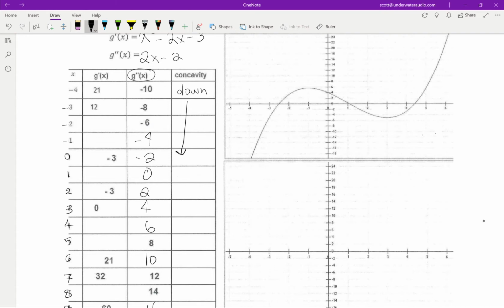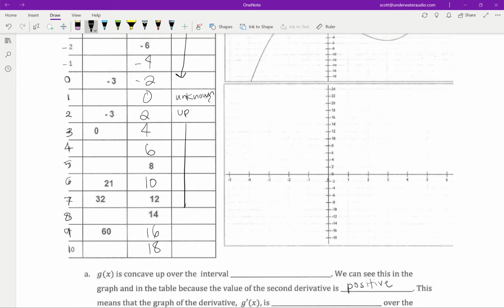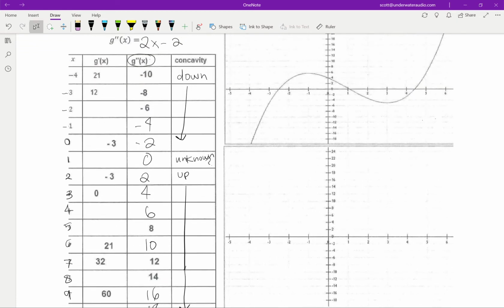And then here it's unknown. We have to test some points. Just put a question mark. And then it's concave up from here down. So if you remember, when the second derivative is 0, it tells you it's a possible inflection point. So we'll have to come back to that to fill that in.